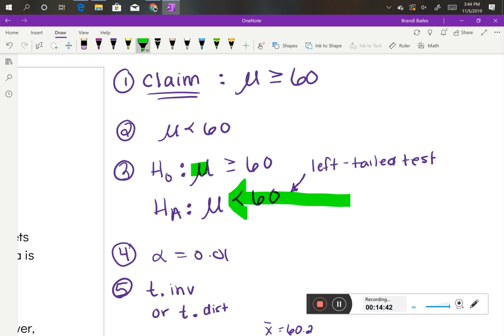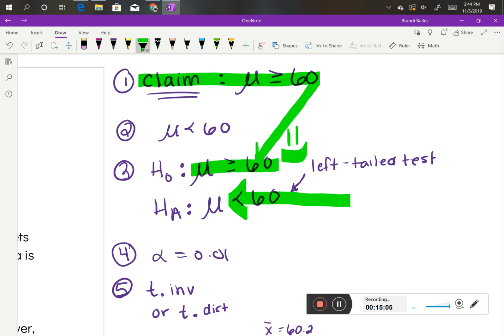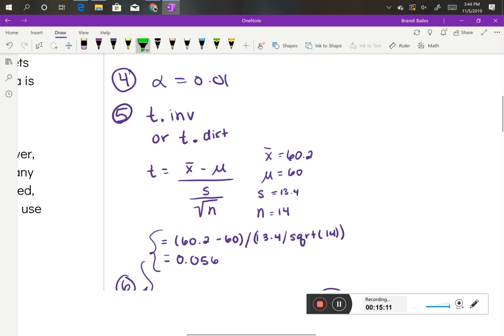H0 is sitting right here: mu is greater than or equal to 60. I'll put a little smiley face next to H0 because I failed to reject it, which we can think of as supporting. Just like a jury would say somebody is not guilty rather than saying they're innocent, we would say fail to reject rather than accept. Now we just have to compare that to the claim. We can see these two things match, and so I'll give the claim a little smiley face too to help me remember that I'm going to support the claim.